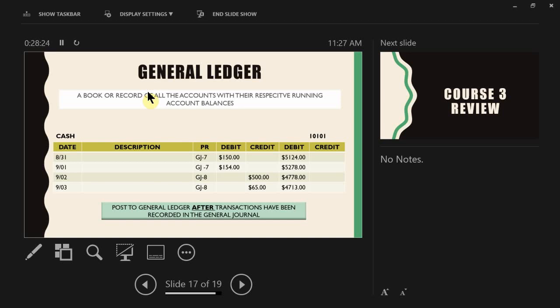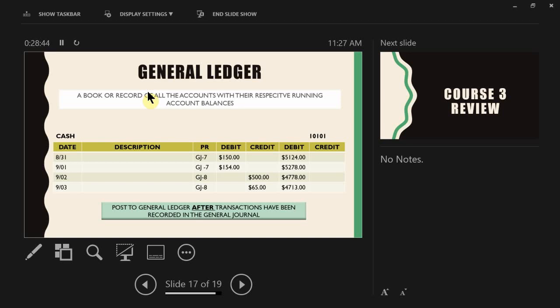So for my first transaction on the 1st of September, I had sales. So I got cash sales, so I received another $154. Therefore, my new balance is going to be $5,278.